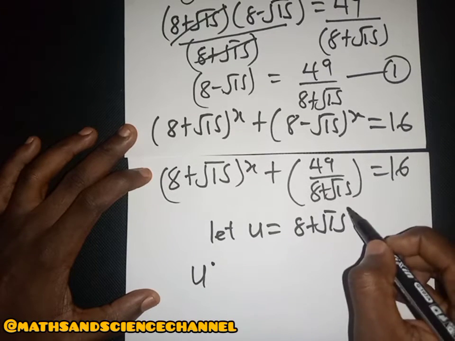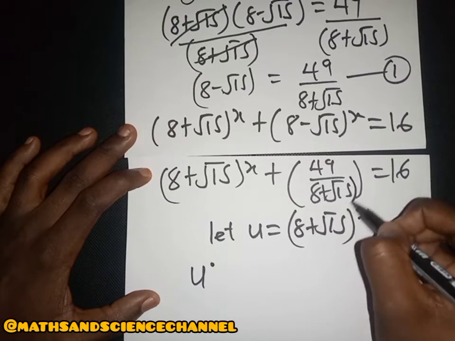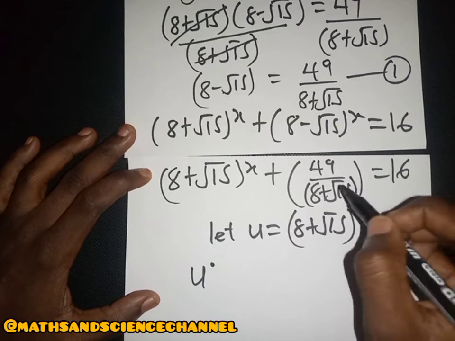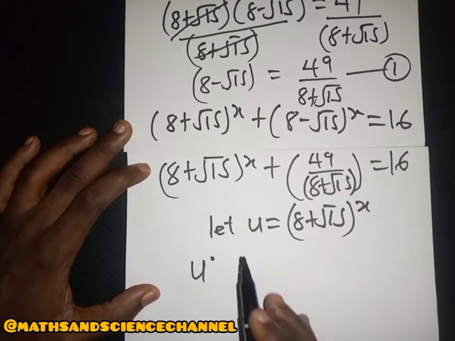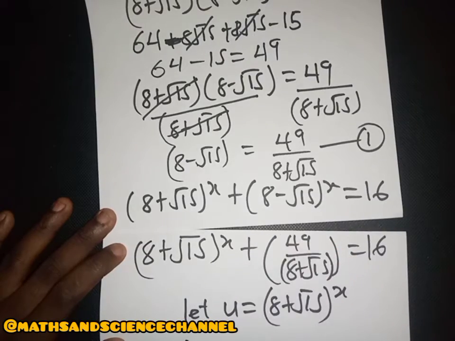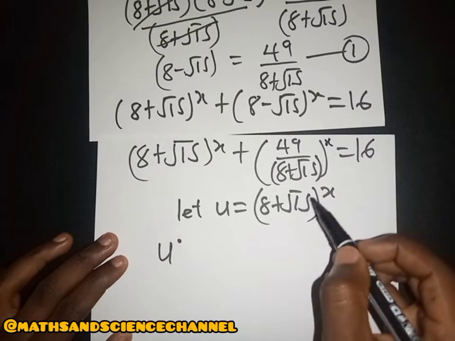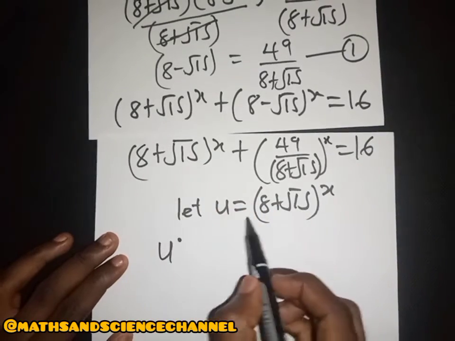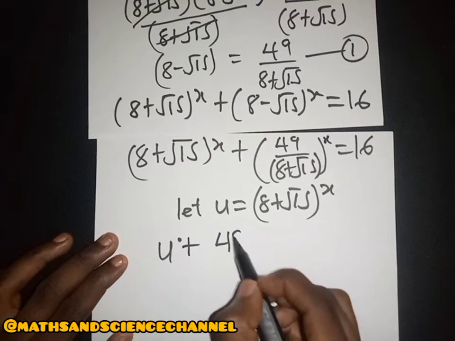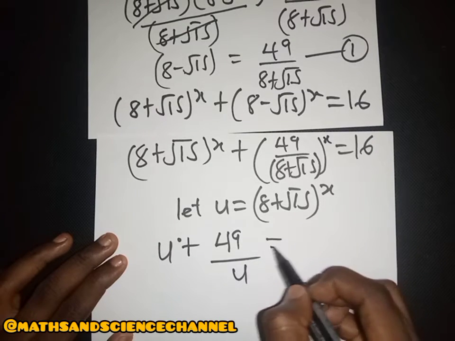So if 8 plus root 15 to the power x is u, we can have the whole of this being u, plus 49 divided by u, and then it is equal to 16.